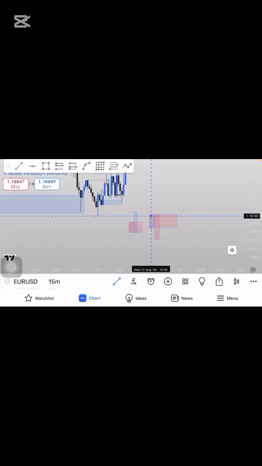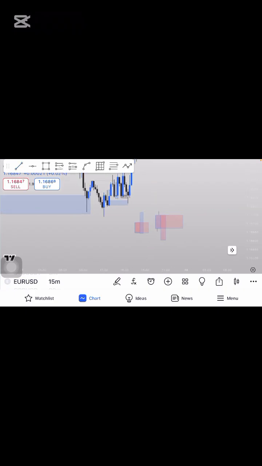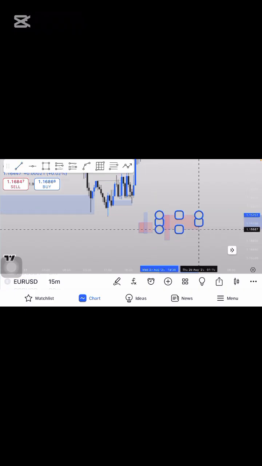But now let's look at candle wick. If the body of this candle here is a little bit like this, and the other one is a little bit like this, your entry should be on the wick.